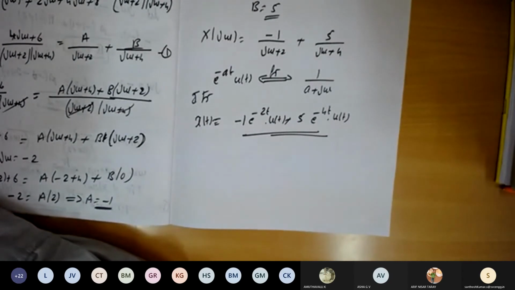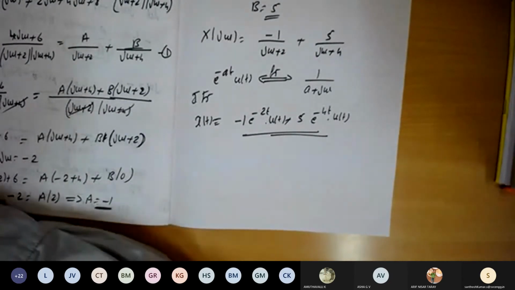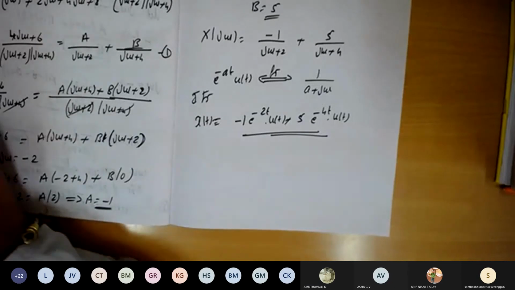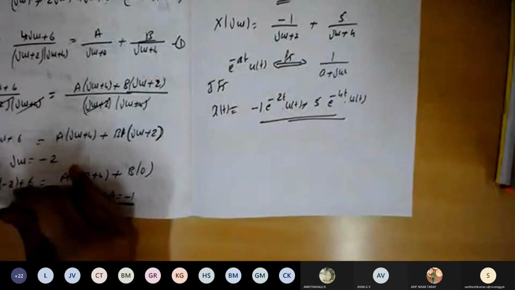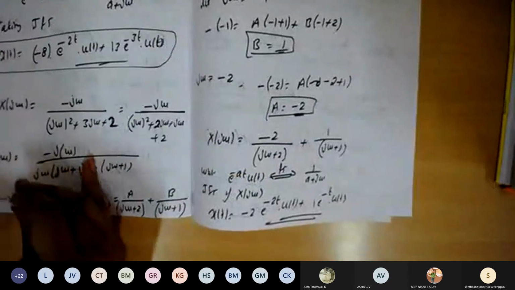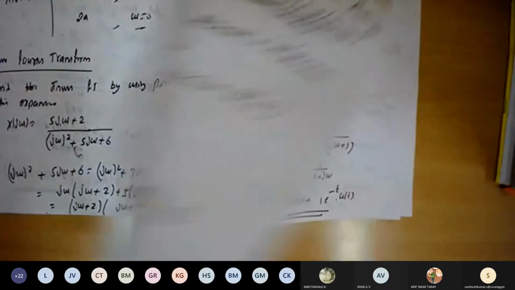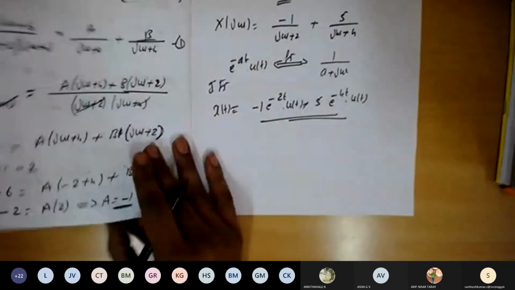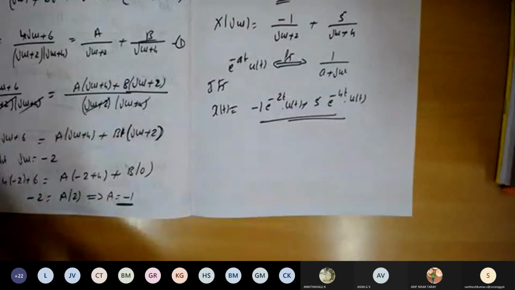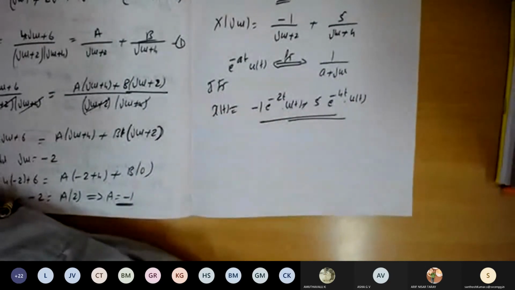Any doubts in this one? Okay, so this is the inverse Fourier transform by using the partial fraction expansion. Usually they're going to ask this kind of problems in the exam to find the inverse Fourier transform. So this completes module 4, the Fourier transform.